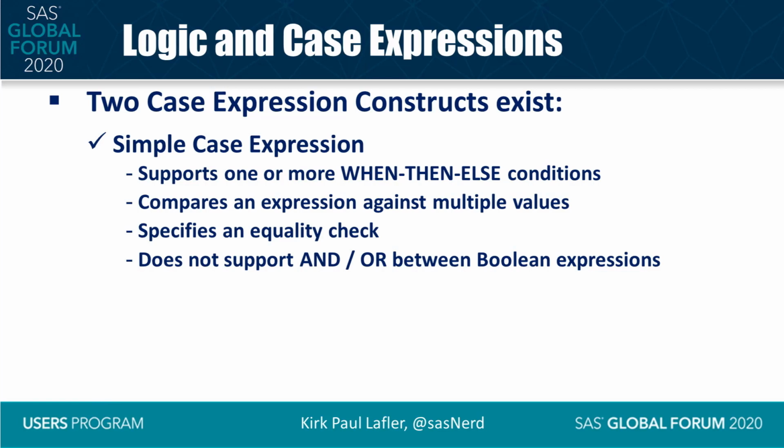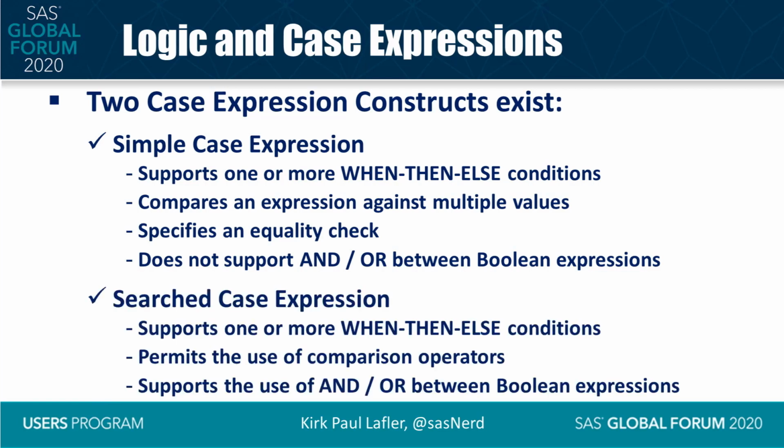And a search case expression, which is more robust and powerful and gives the user the ability to support one or more when-then conditions, when-then-else conditions, permits the use of comparison operators, along with supporting the use of and, or, and not between Boolean expressions.